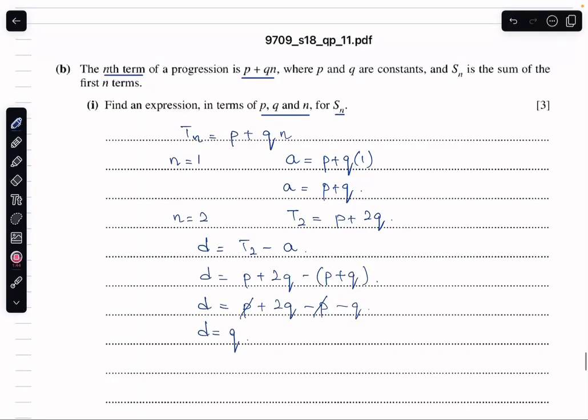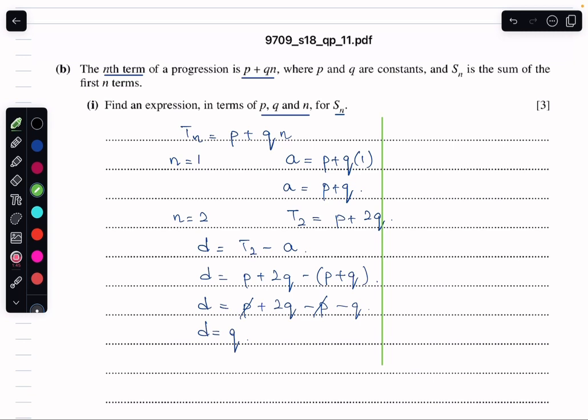They are asking for the sum. So if they are asking for the sum in terms of p, q and n, then we know that I have the first term in terms of p and q, which is p plus q here. I have the common difference, which is again in terms of q, and I can apply the sum formula.